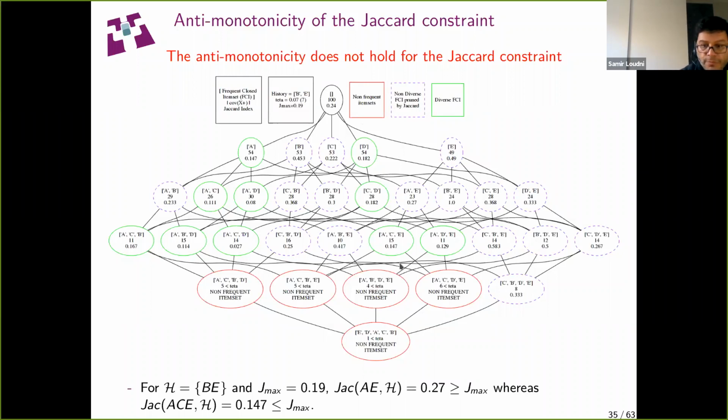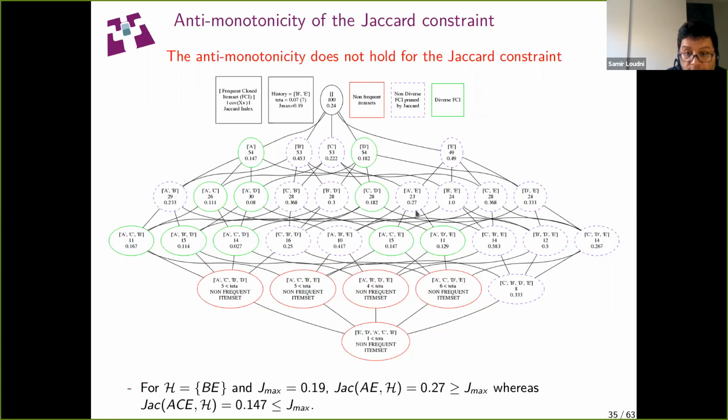Sorry, 9. So if we initialize the history to the item set BA, and we set Gmax, what we call here the diversity threshold value, to this value, we can see that the Jaccard of the item set AA with respect to the history H, which is located here, is equal to 0.27, which is greater than Gmax.